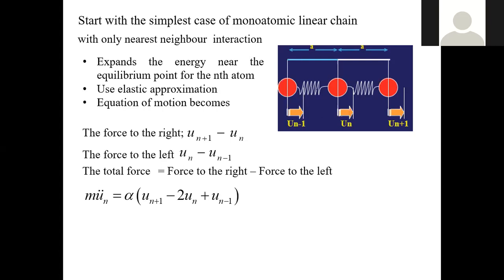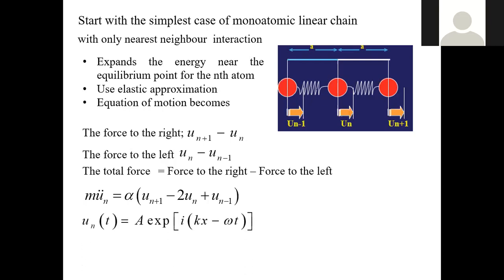As per the elastic law, this should be equal to some constant times the total distortion due to the left atom and right atom, which you can see here: un plus 1 minus 2 un plus un minus 1. Actually, we have added two terms. One term comes from the right side, one term comes from the left side. So this is the equation of motion for this atom at the nth position.